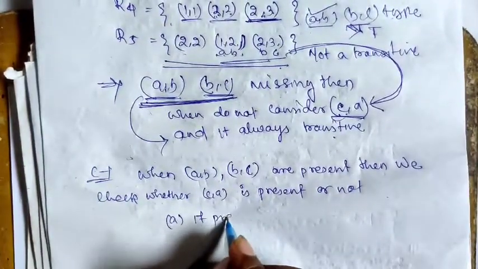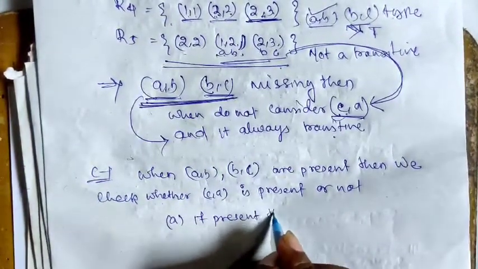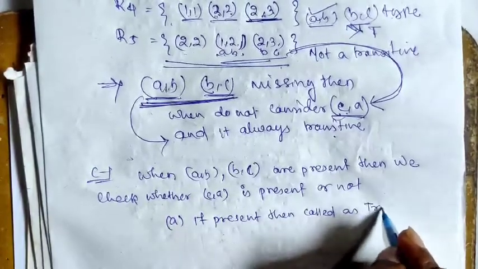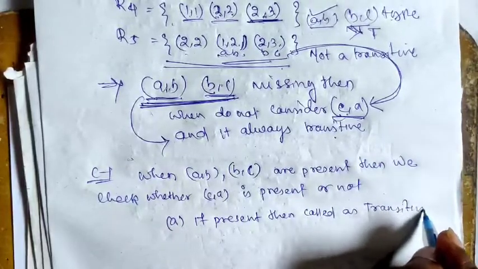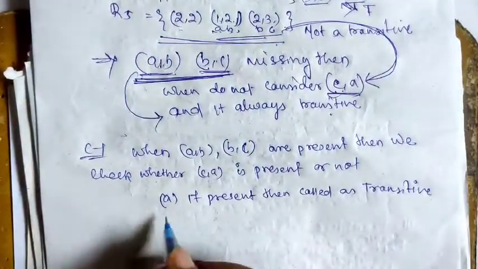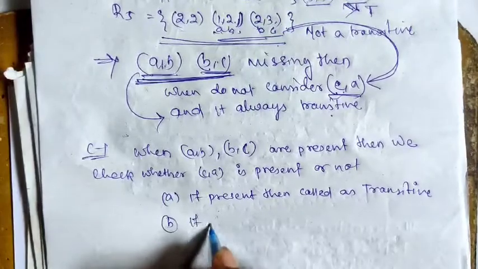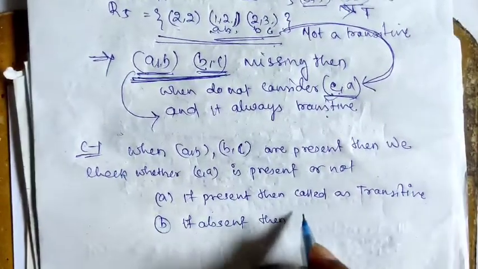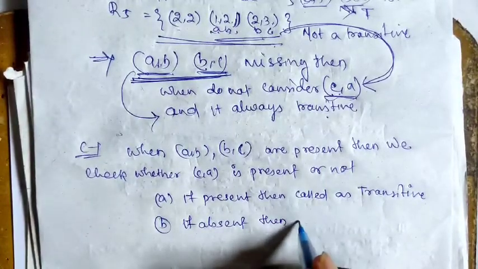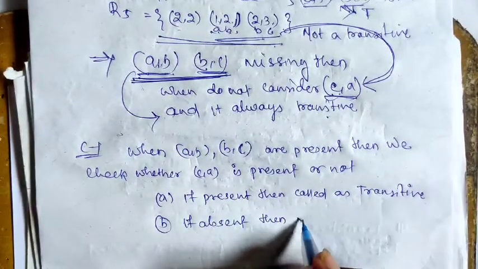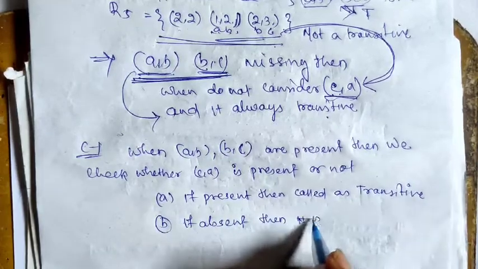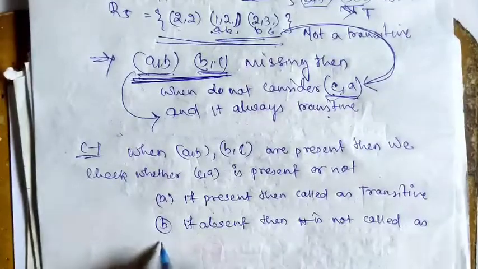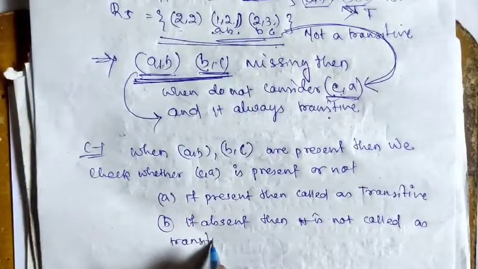If present, then it is called transitive. If absent, then it is not called transitive.